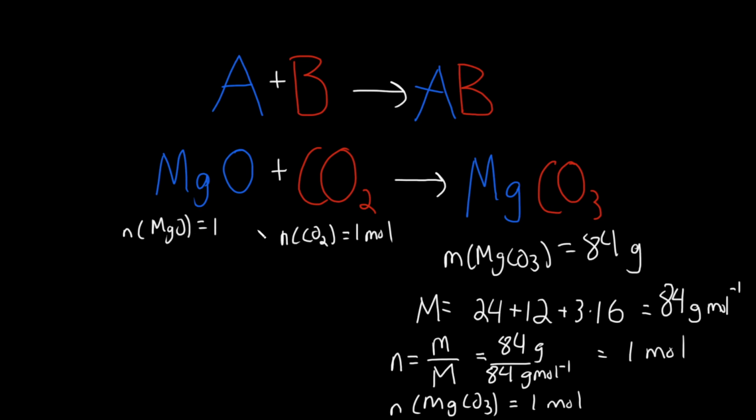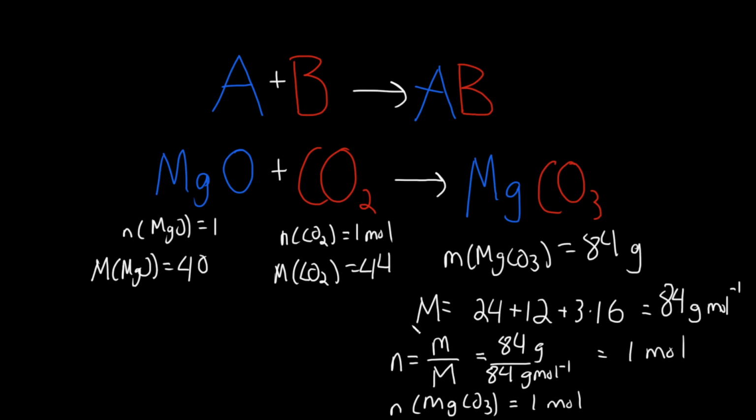So now we just need to figure out how many grams of magnesium oxide we need and how many grams of carbon dioxide we need. Just in the same way as previously, you can find that the molar mass of magnesium oxide is 40 and that the molar mass of carbon dioxide is 44.